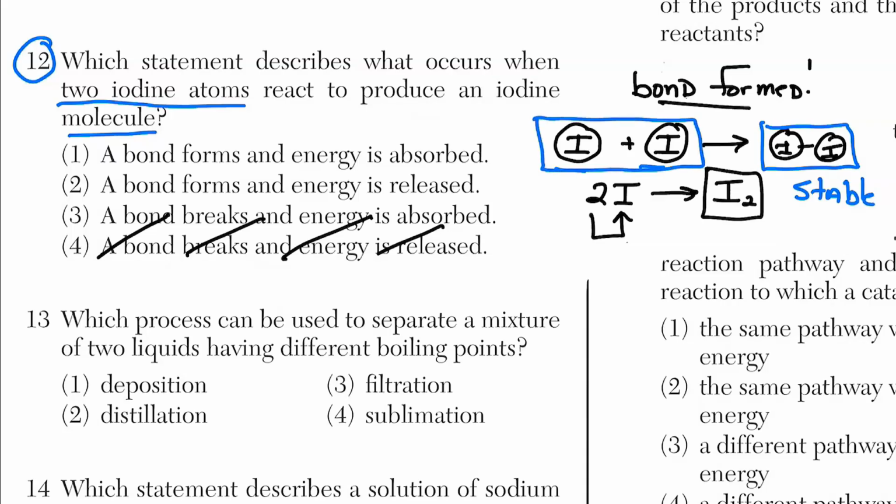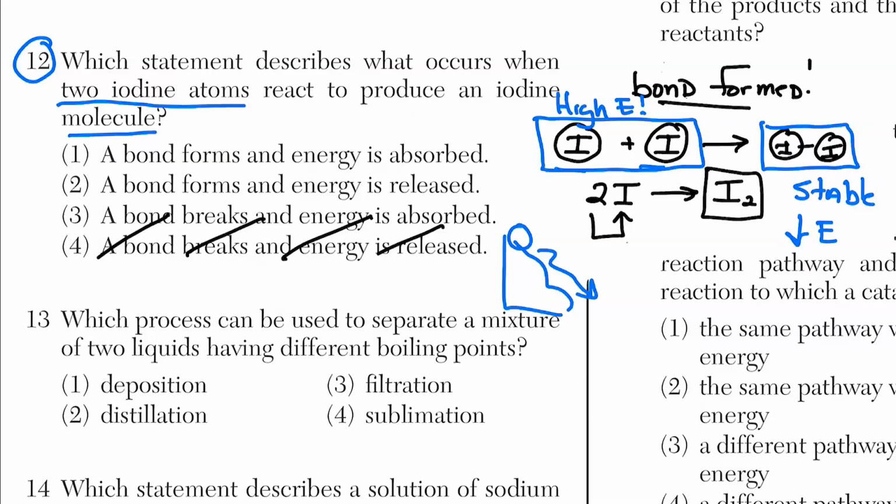Things in nature go from high to low. So you should know stable means low energy. And therefore atoms together that can react must be high energy. So the reason bonds are formed is to get to a low energy position. A rock on top of a hill is going to eventually move to the bottom. It never goes the other way.